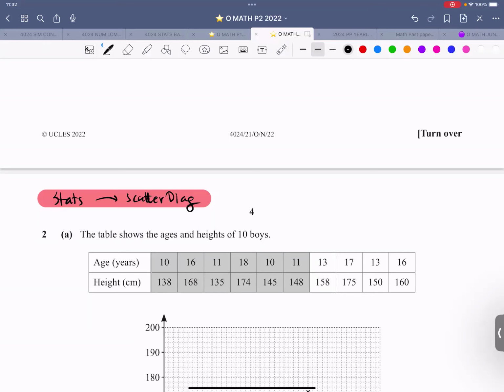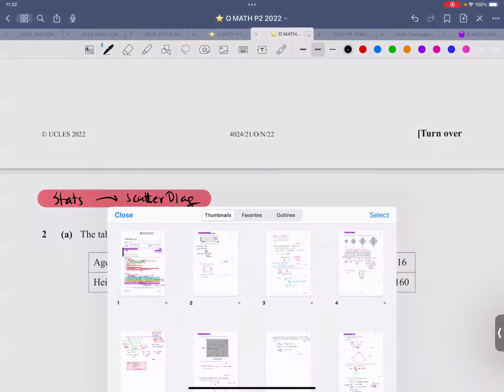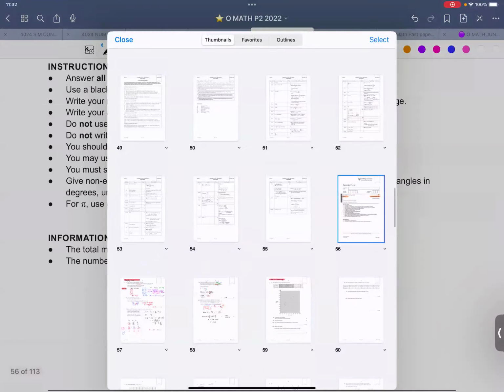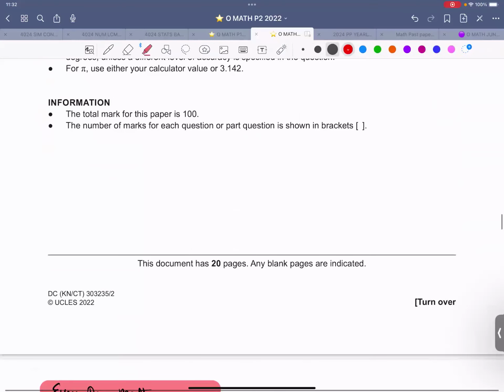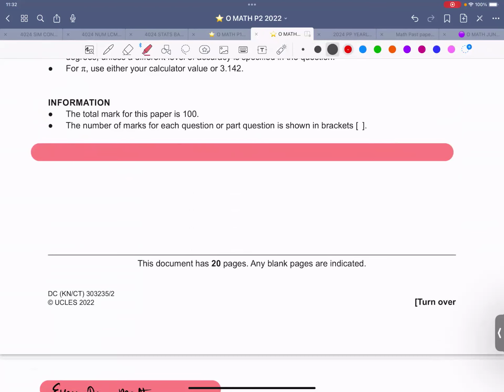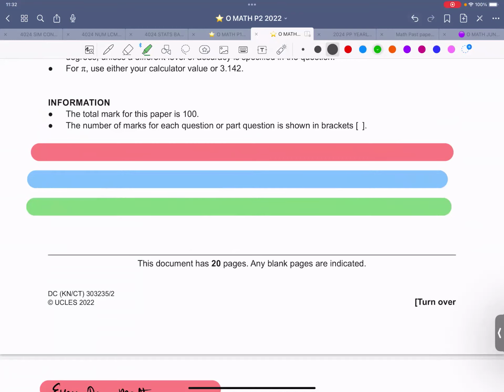Now, we did one question, and I forgot to do one thing that we do in each paper, that is draw some lines, and we need to look at the time period because we are practicing for the exam. So make sure the time period is all good, all clear.